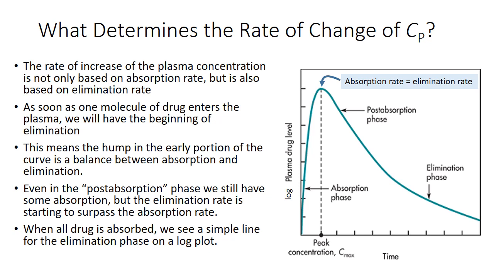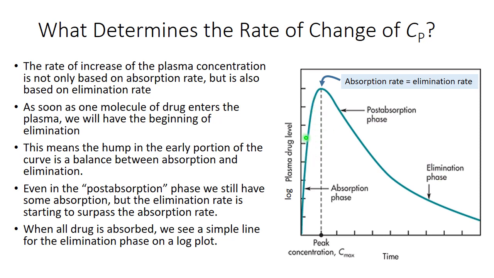Again, elimination is always occurring once the drug hits the body. For the most part, you don't want to consider these phases absolute, like this is only absorption and this is no absorption, or this is only elimination. These are a combination of things.